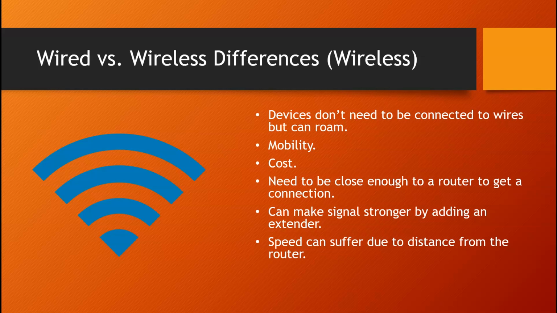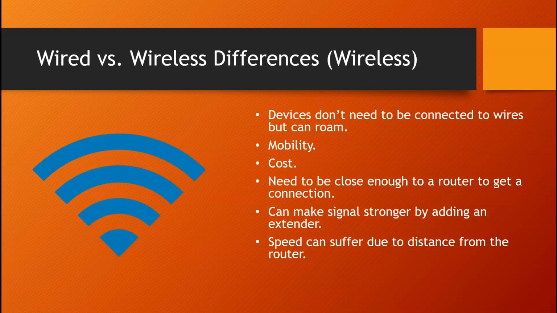You can just get wireless routers, set them up, and then use your devices to connect. But you have to be careful with wireless because sometimes that can lead to security issues.